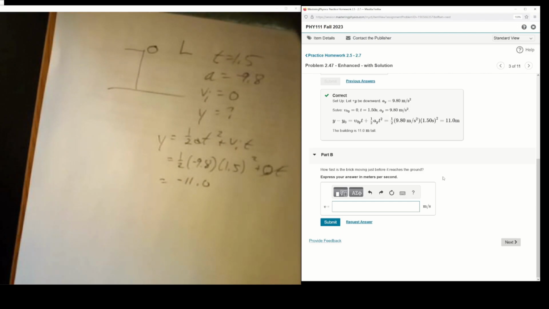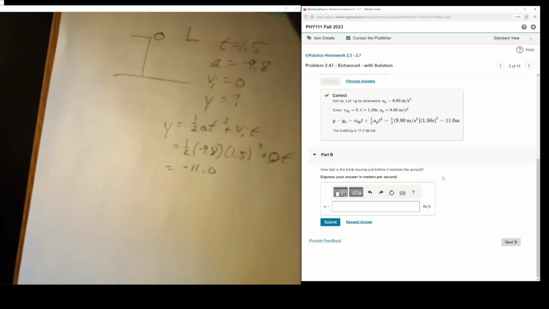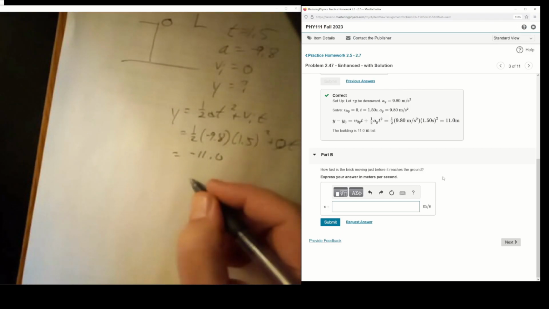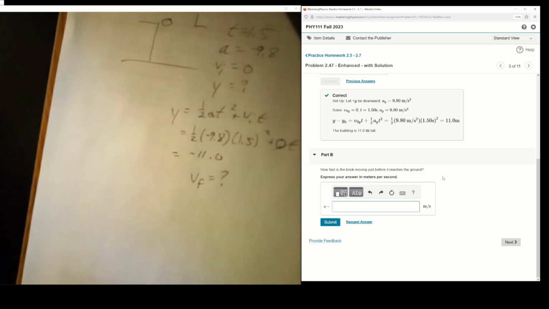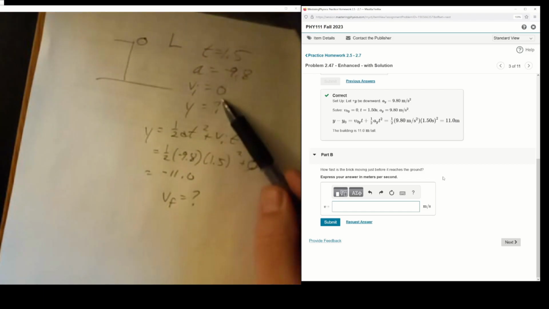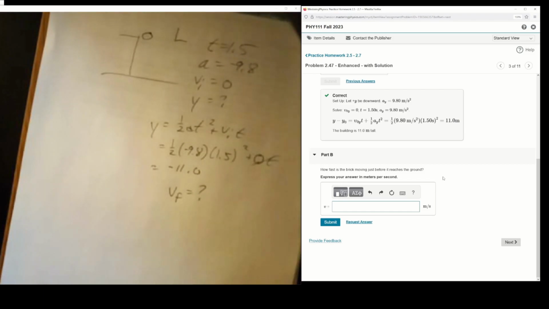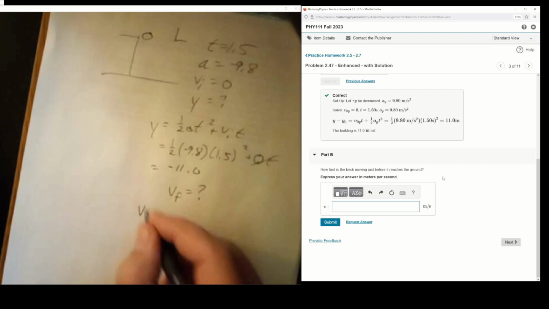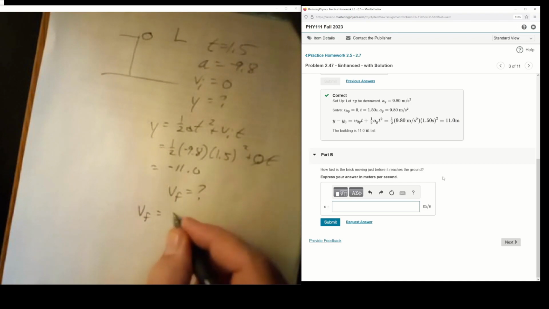So part B, how fast right before it hits the ground. So now we want to know what the final velocity is. We've got all this information, and we choose one of the kinematic equations. We can go with this one.